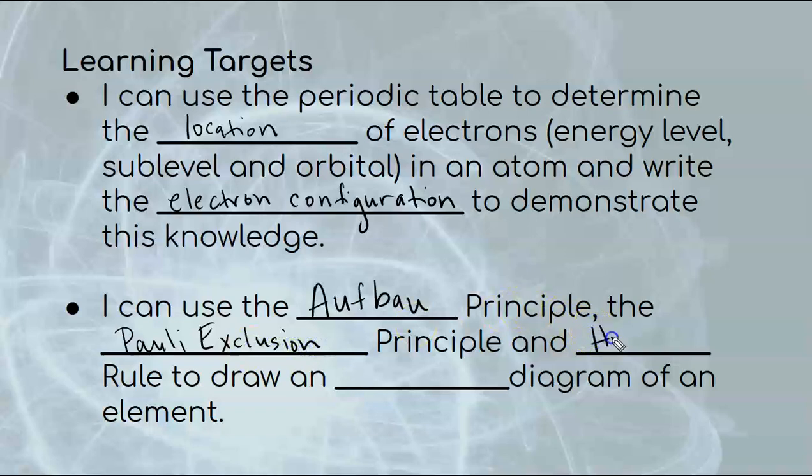And Hund's rule to draw an electron orbital diagram of an element. So these two learning targets will be the focus of the videos. The first video is going to focus a little bit more on the first learning target, and the second video will go into more details on the second learning target.